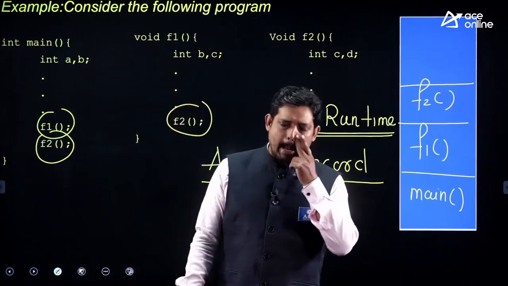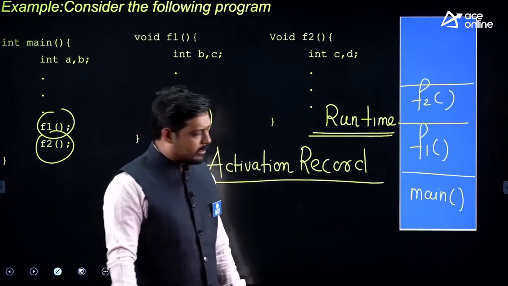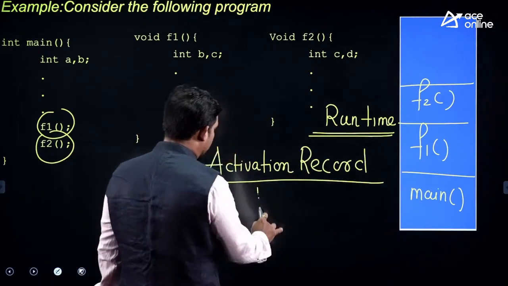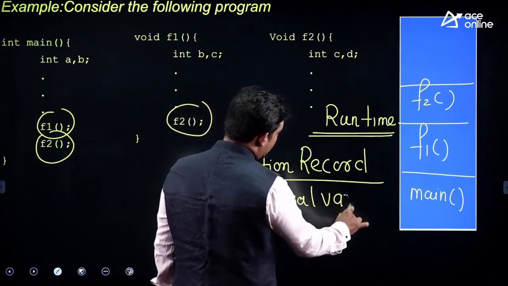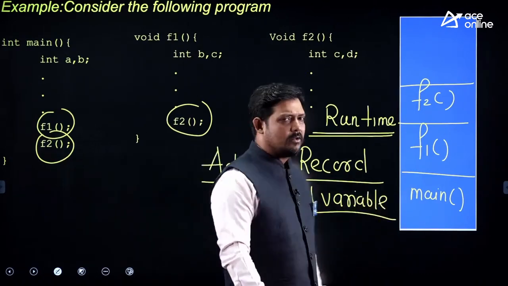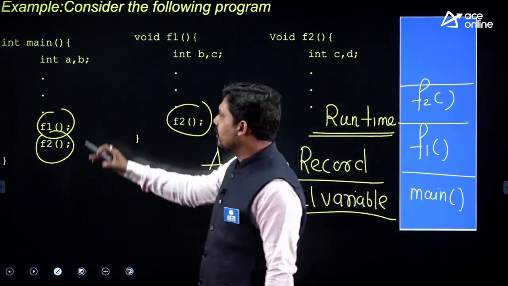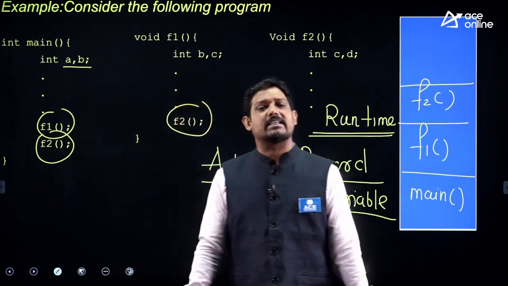There are many substructures, but one of the parameters here is called a local variable. You can see that in the main function there are some local variables. So what is a local variable? Its scope is such that only main can see it.